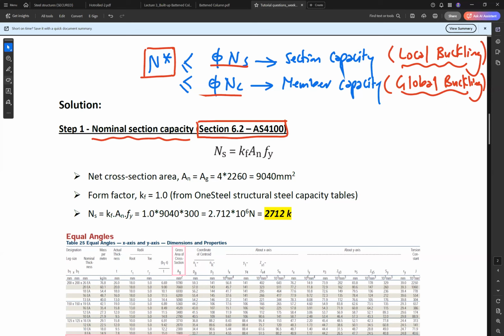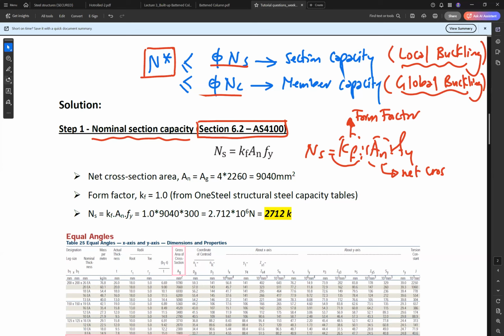So from 6.2, Ns, the section capacity, equals Kf, the form factor, times An times f yield. An is the net cross-section area, and f yield is the yield strength of steel.